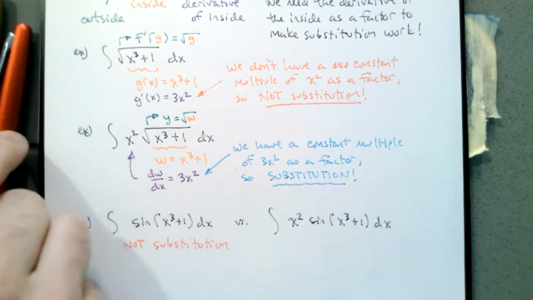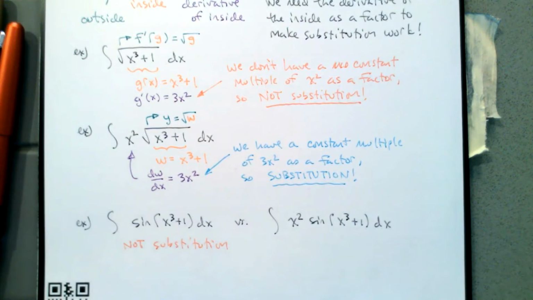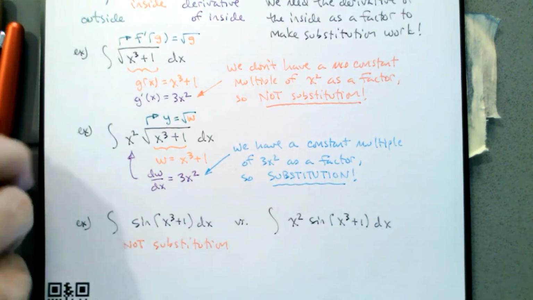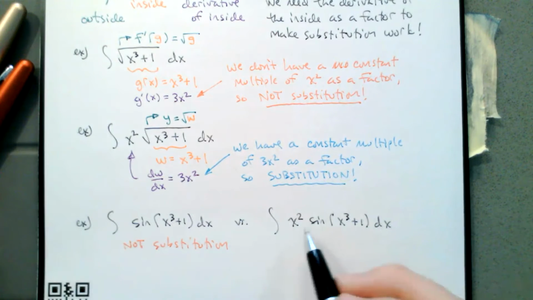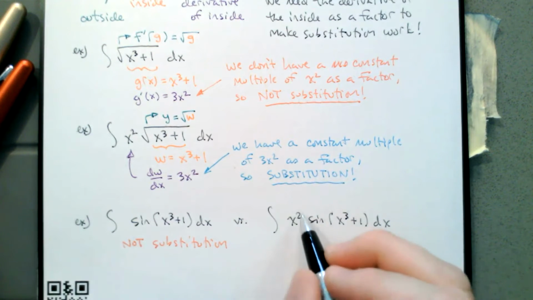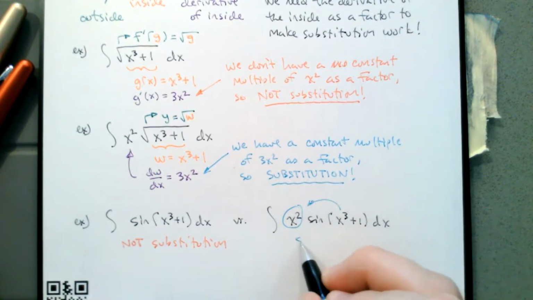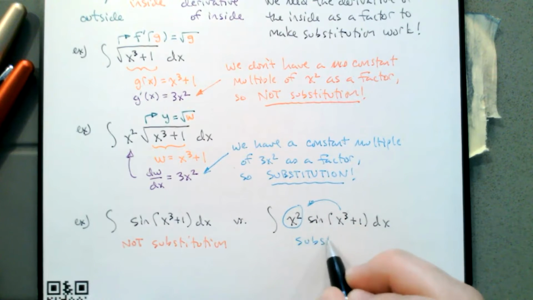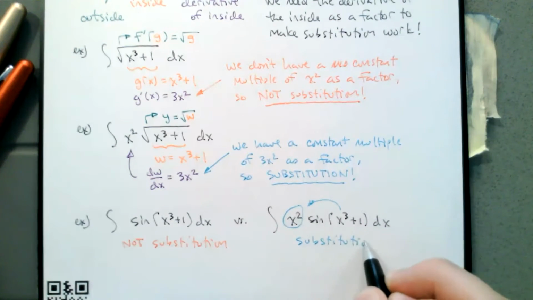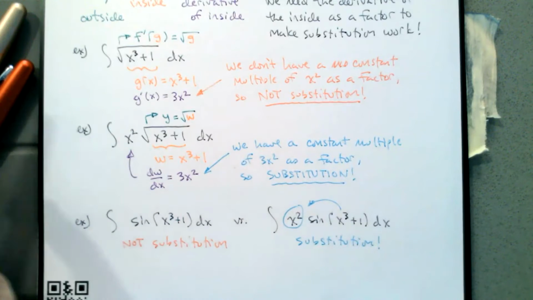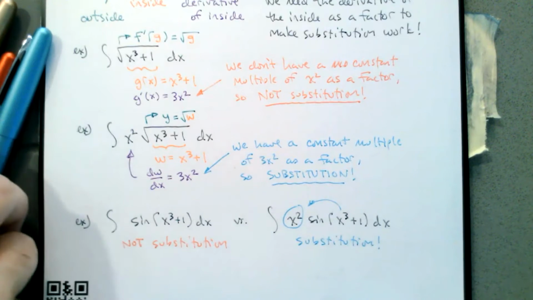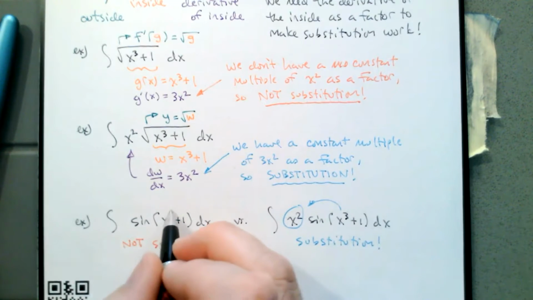I want the inside to be x cubed plus 1. I need a factor of x squared that I don't have. The second one with this factor of x squared, this is substitution. It's that derivative of the inside that makes the substitution go.